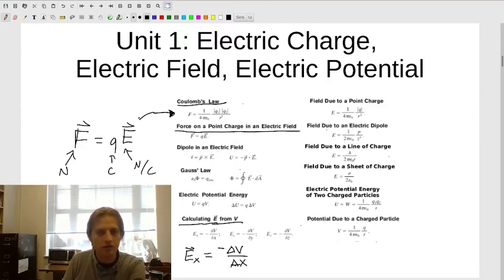And so the electric field is pointing downhill. It's pointing from high potential to low potential. And potential here is in volts. So volts per meter is an equivalent unit to newtons per coulomb.